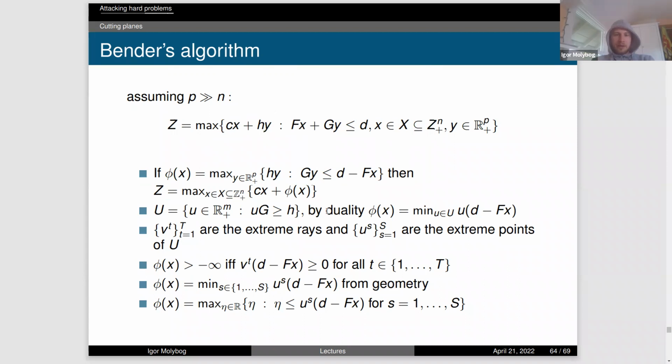Okay, if there are no questions, I would like to define a set U, a set of essentially dual variables for the problem that is defined within the definition of phi of x.